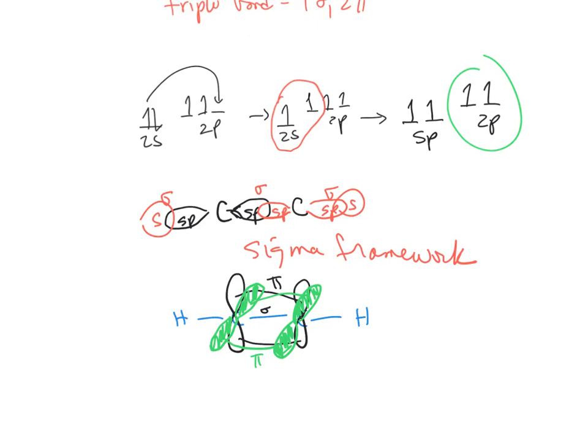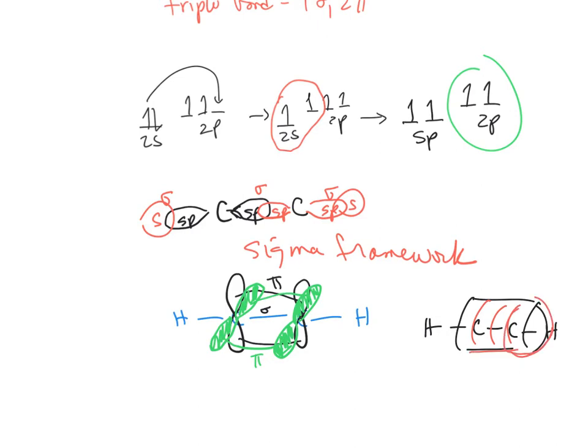And then the last thing that happens is these 2 pi bonds kind of blend together and kind of form a cylinder where it's just all the way around to the back and everything.